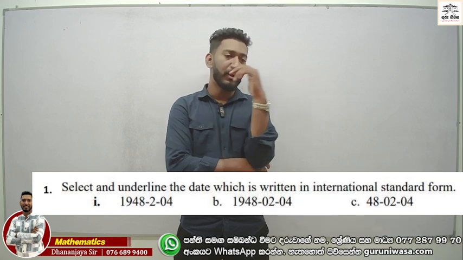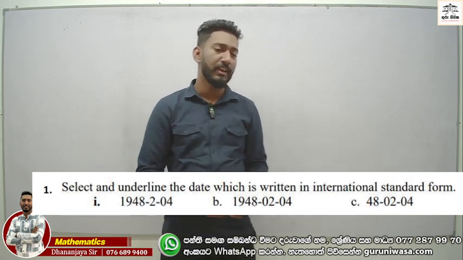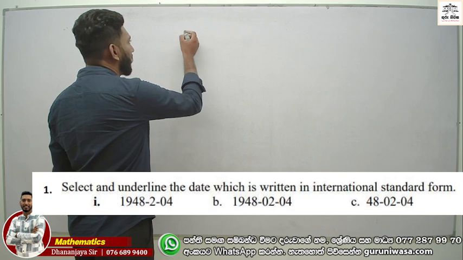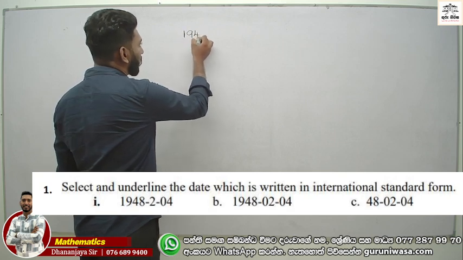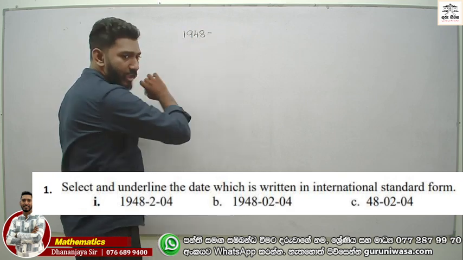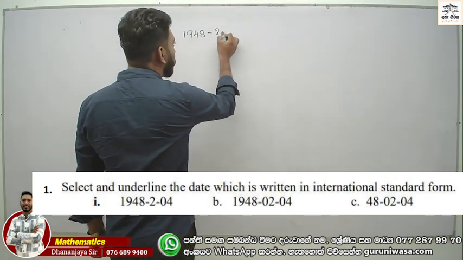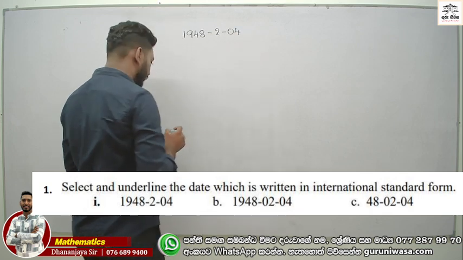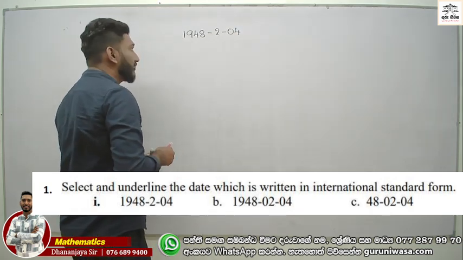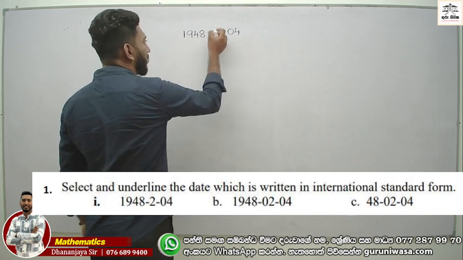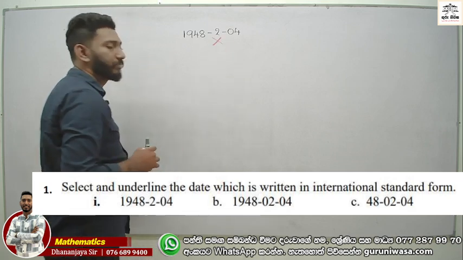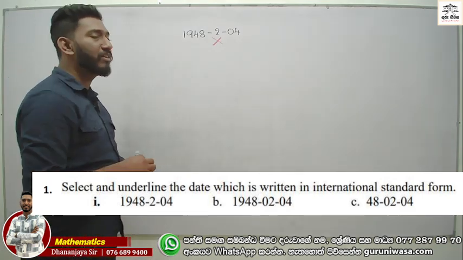Now tell me, first one, 1948 dash 2 and 04. This is not correct, because look at the month: the month is only 1 digit.